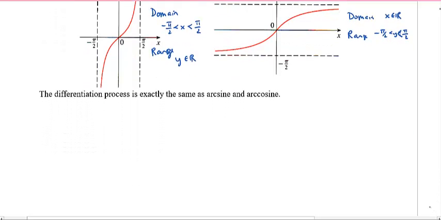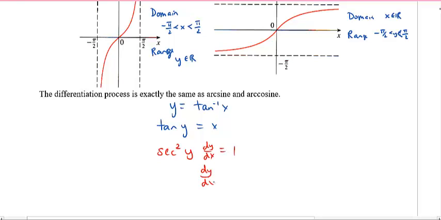All right, here we go. Same procedure. Take tangent on both sides. What's the derivative of tangent now? Aha, secant squared y, with an extra dy/dx. Solving for dy/dx, I get 1 over secant squared y. Draw my lovely triangle.